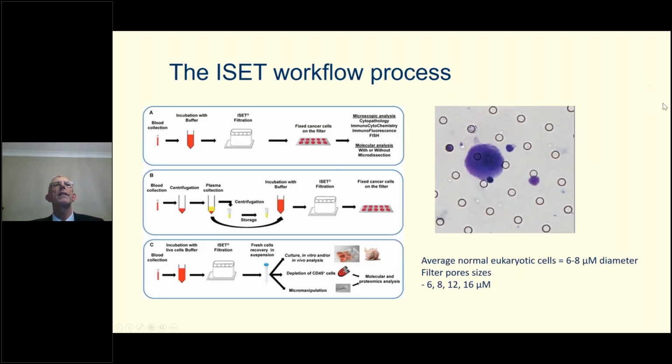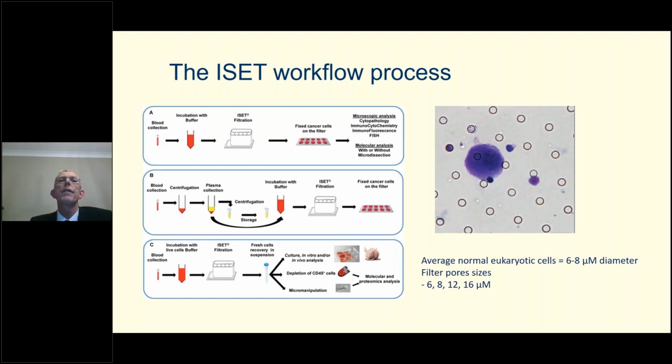I apologize for the complexity of this slide, but essentially what we have here in panel A is our blood collection from a patient that's mixed with a buffer. Then we apply this to our ISET filtration device, which is a membrane that has small pores of a defined size, such that smaller lymphocyte cells should be able to pass through these pores, whereas our circulating tumor cells are trapped because they're just too big to squeeze through these holes.